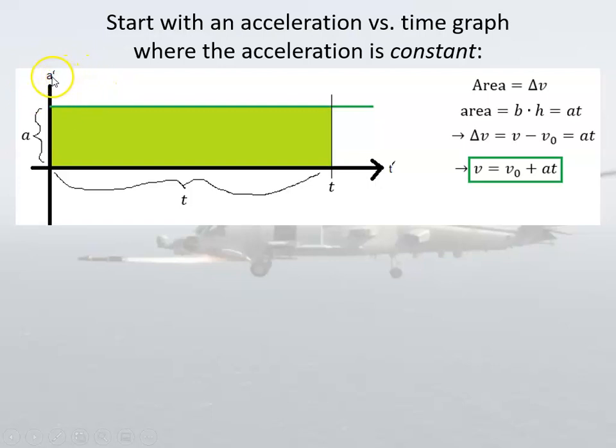So an acceleration versus time graph, and remember we're saying acceleration is constant in the rest of this unit. So if it's constant, that means on an A versus T graph, it's just going to be a flat line. That's what this green horizontal line is. It's the acceleration versus time, quote, curve for our motion. So okay, well, remember that taking the area under an acceleration versus time graph gives you the change in velocity, just as taking the area under a velocity versus time graph gives you the change in position.